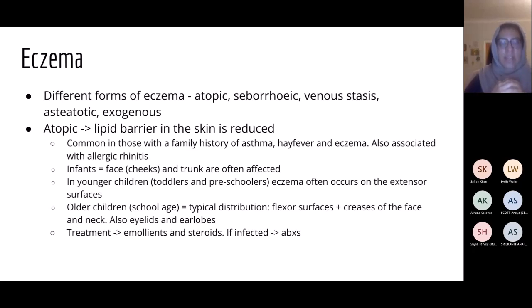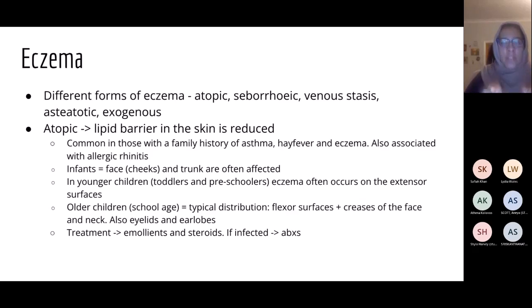What you tend to find in eczema is that it appears on the extensor surfaces, so the back of your elbows. Let me say that again. In younger children, you tend to find it on the extensor surfaces, but in older children you tend to find it more on the flexor surfaces, the inside of your elbows.